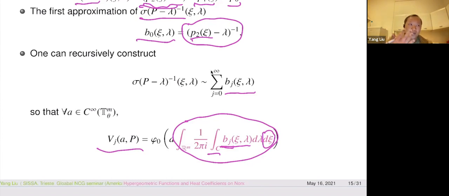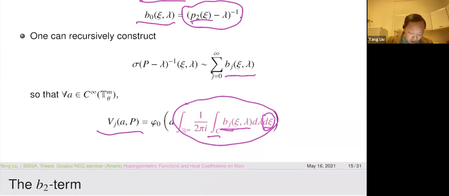One of the components of this symbol calculus is that you can compute the trace of a pseudo-differential operator by integrating its symbols along psi. So this integration in psi gives you a trace.